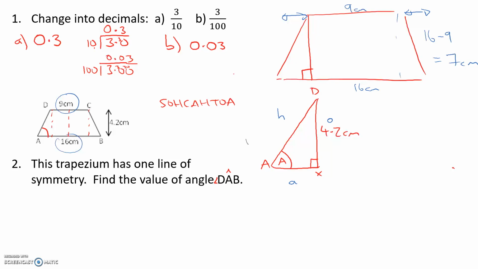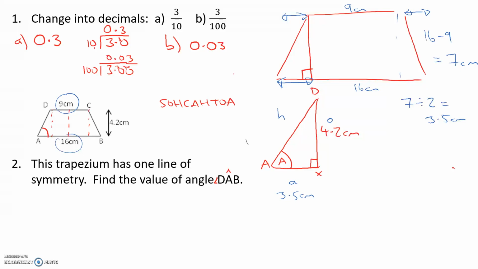So how are we going to find out one of those lengths? Let's divide by 2. 7 divided by 2 equals 3.5 centimeters. So we know this length here is 3.5 centimeters. So we know A. A is 3.5 centimeters. Brilliant.